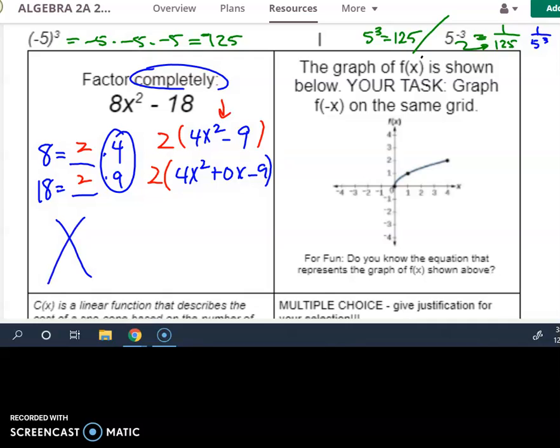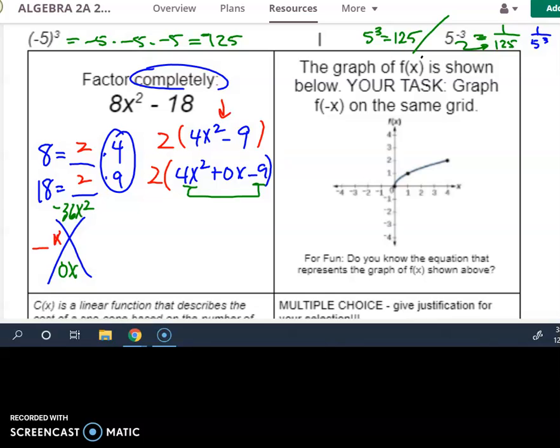So for the diamond, since we don't have a 1x squared, multiply the outsides, I get -36x squared. And the bottom is going to be the 0x. Again, that's why I put the 0x in there, just to emphasize that there is a term there. We generally don't write the 0x, but with this diamond problem, we need the middle term because we're trying to add up our 2 choices to get a 0.